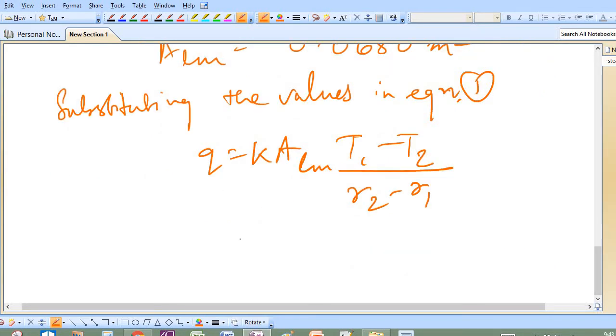So we place in the values here, which is 0.151, our thermal conductivity, watt per meter Kelvin.